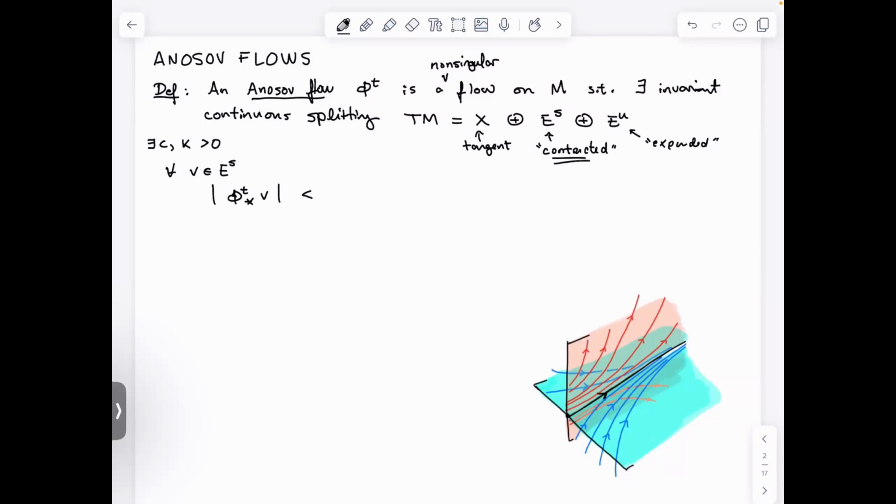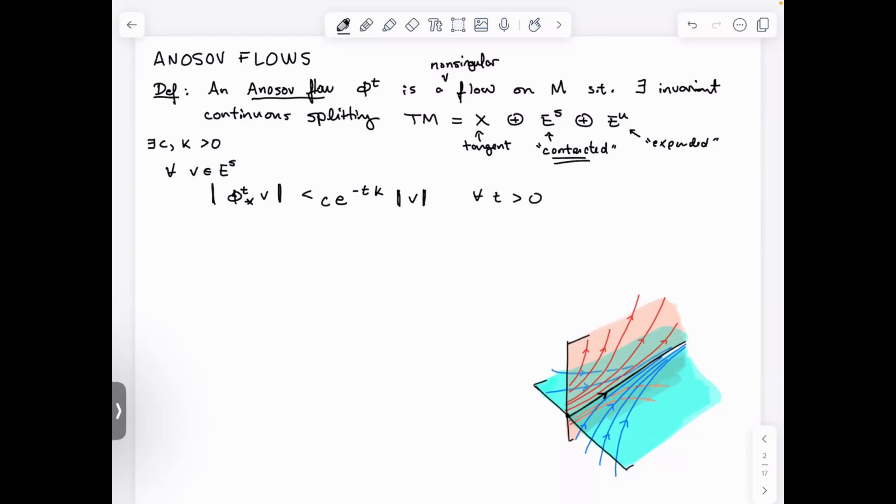And it's going to be strictly smaller by a uniform factor depending on time. So this will look something like C e to the minus t k, norm of v. This is the norm for my Riemannian metric. I can just pick whichever one you want. If you have a compact manifold, it doesn't matter. It'll just change the constants. This is for all t positive.